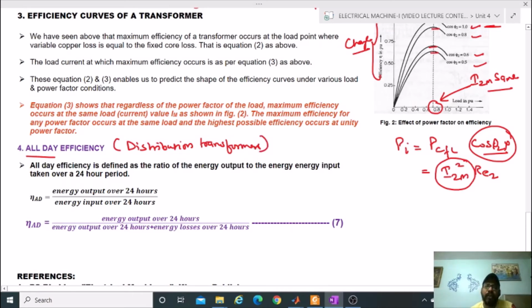If we calculate the energy output of a transformer throughout one day, that is for 24 hours, and then calculate the output energy over input energy for 24 hours, that efficiency is known as the all day efficiency.